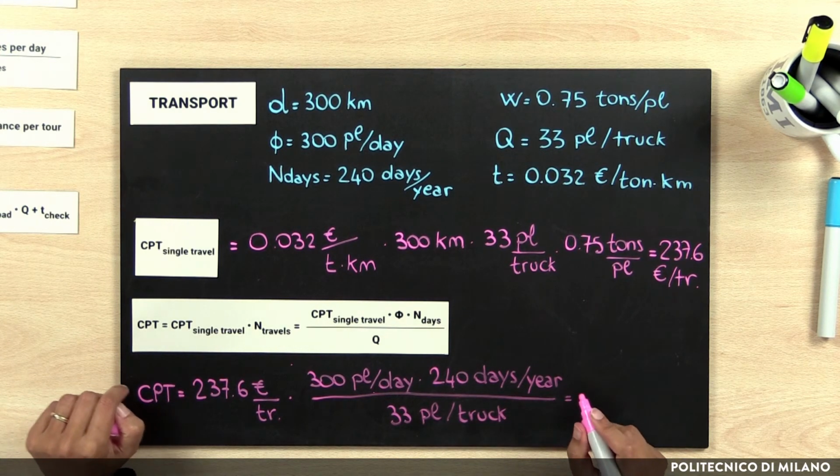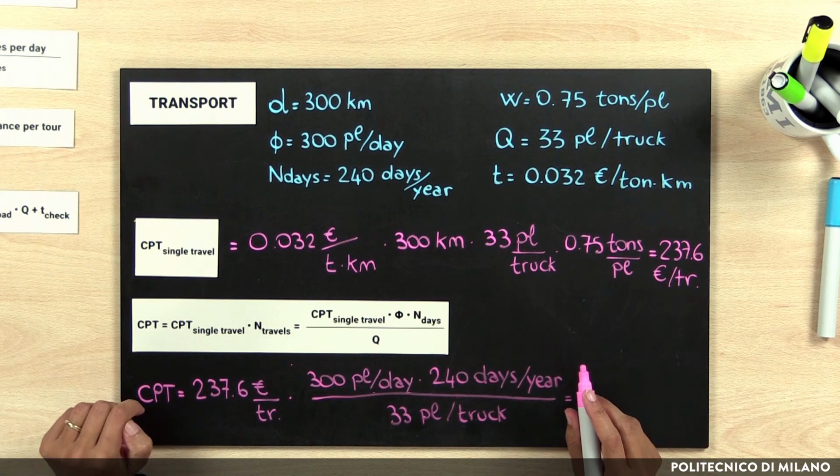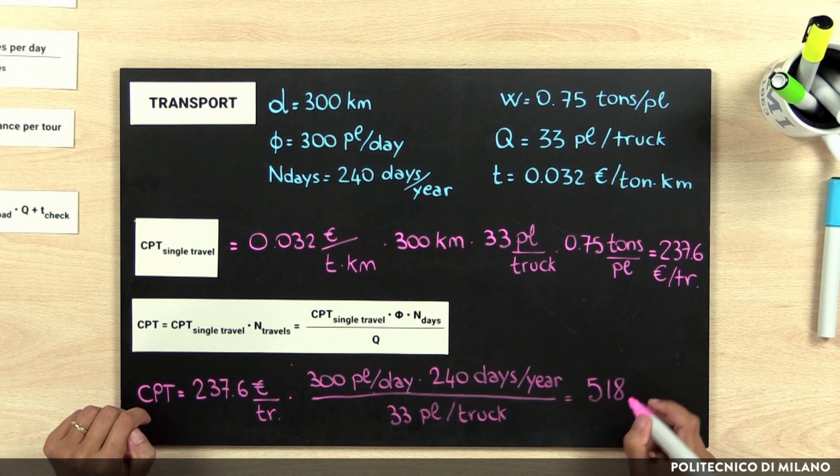So we obtain that the total cost of the primary transport is equal to 518,400 euros per year.